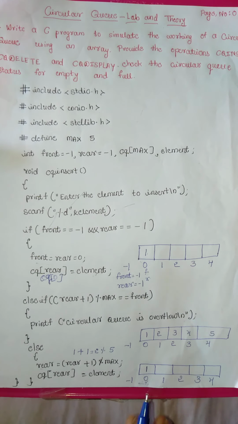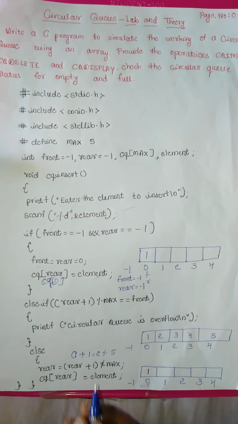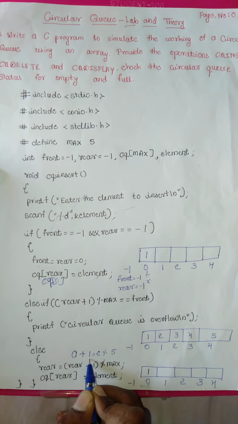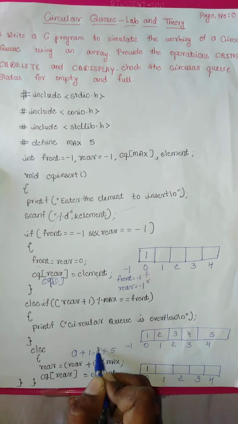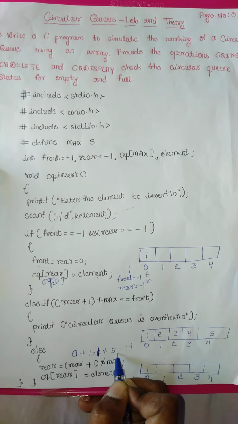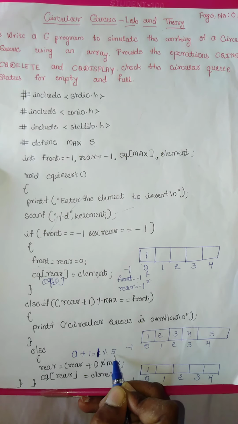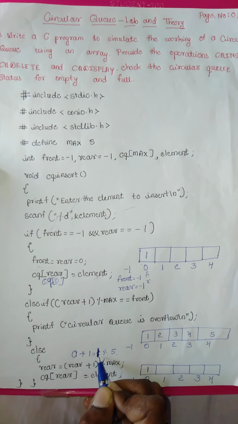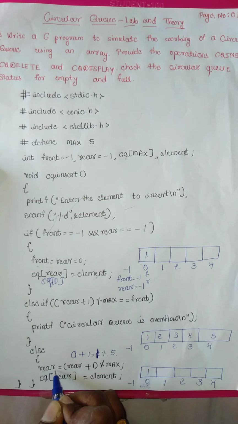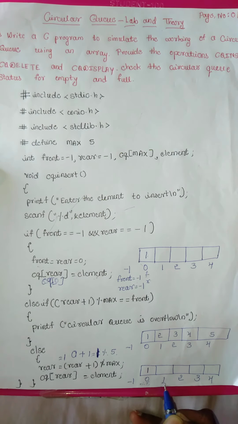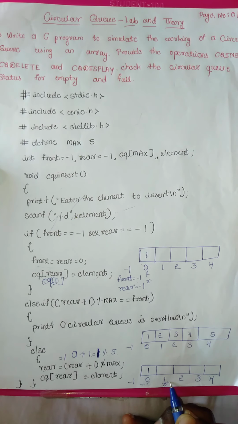The rear value is 0. 0 plus 1 is 1, modulo 5. After taking modulo 5, we get the result 1. That means the rear value is now 1, pointing to the 1st position.